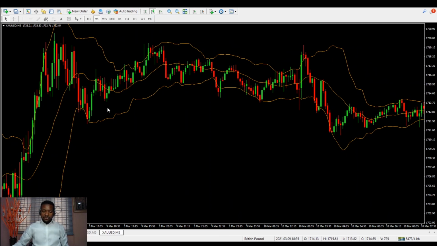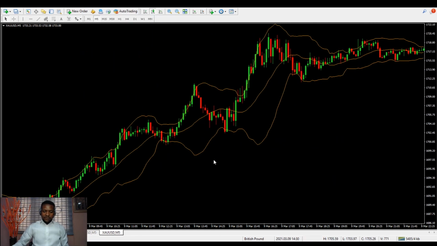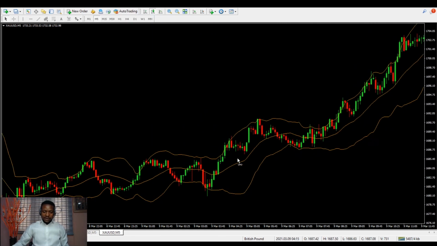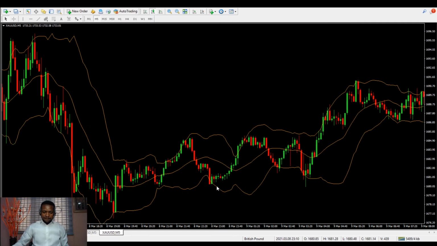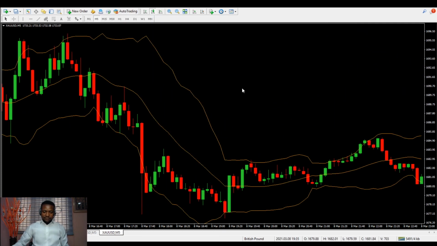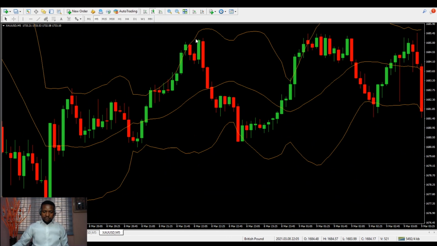When you're trading the bounce, wait for the price to close outside the lower band or the upper band, then wait for the new candle to close inside. Once you see a candle closing inside the band, then we are seeing a possible change of trend. Same thing happened here. Price came down, it came outside the band, and the next candle closed inside the band. And what happened?